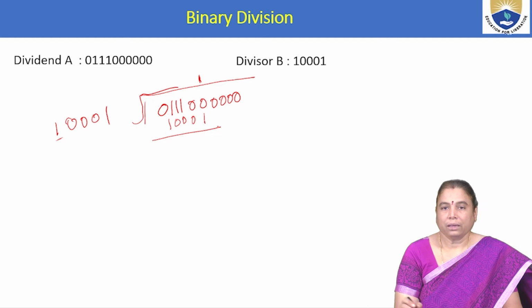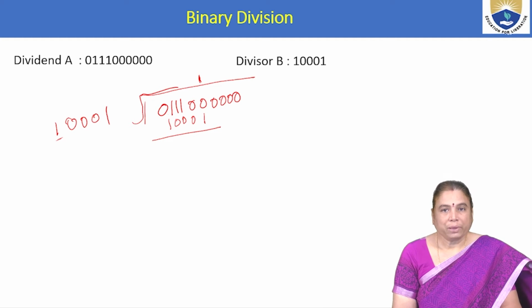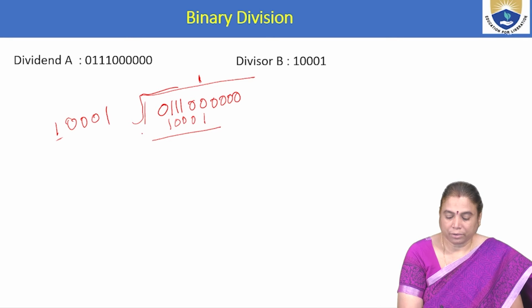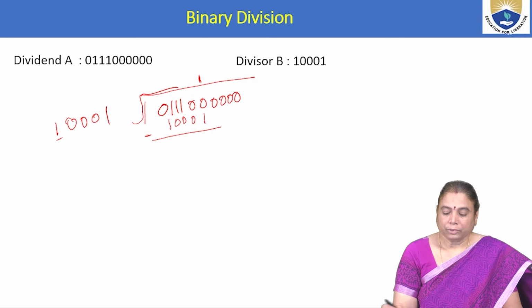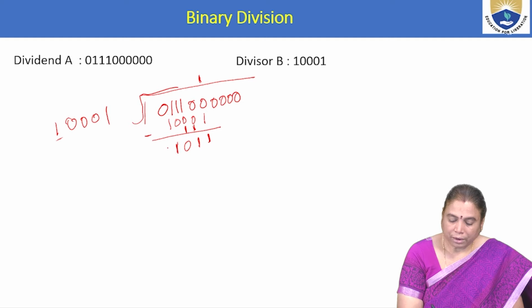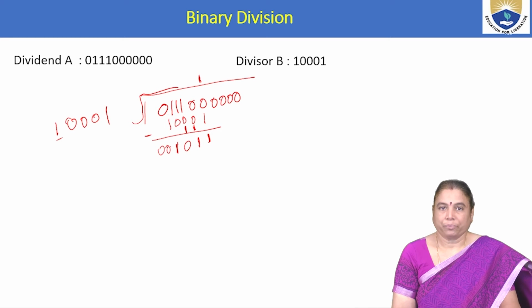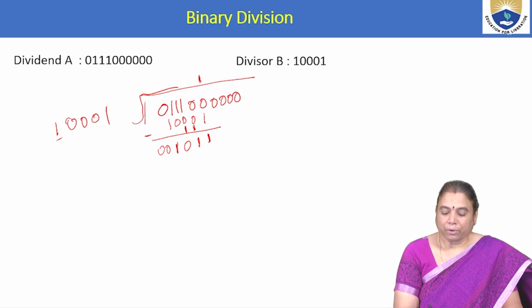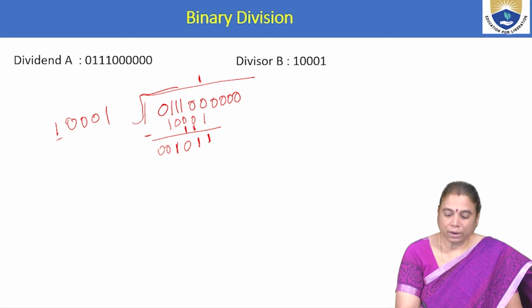After copying the divisor, we perform the subtraction. So 0 minus 1 is 1 with a borrow 1, 0 minus 1 is 1 with a borrow 1, 1 minus 1 is 0, 1 minus 0 is 1, and these 2 bits are 0. So we take these 4 bits and append the next bit of the dividend.